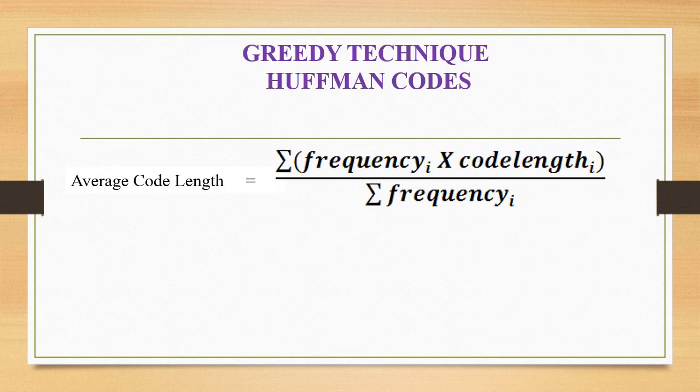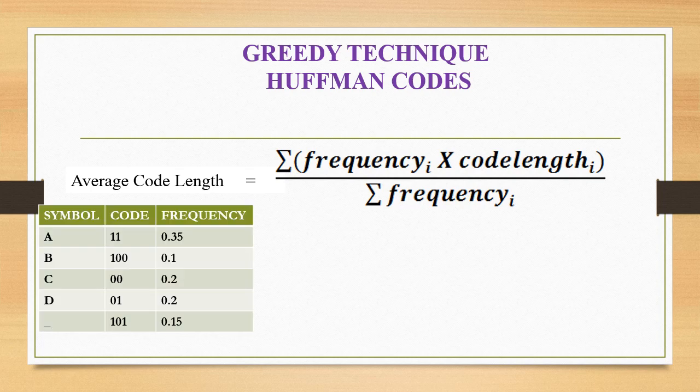To calculate the average code word length, the formula is the sum of frequency into code length, divided by the summation of frequency. The frequencies are already given in the table. Number of bits is nothing but the code length. So 2 into 0.35 plus 3 into 0.1 plus 2 into 0.2 plus 2 into 0.2 plus 3 into 0.15, divided by the summation of frequencies.